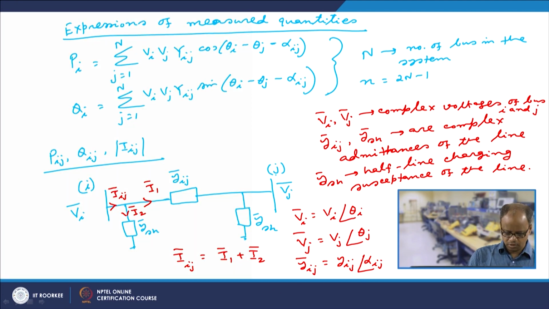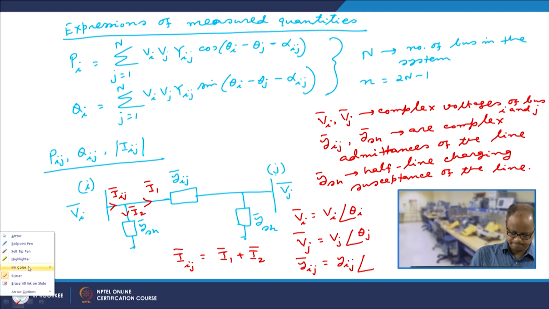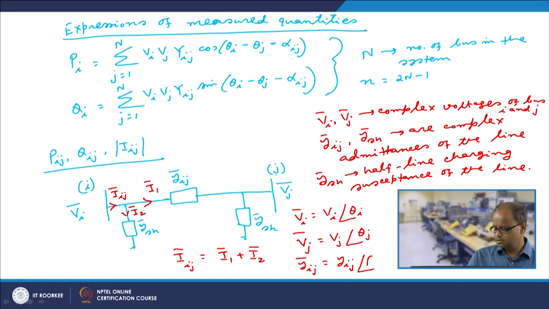We should not write alpha because we are already utilizing alpha, so something else we should write: beta ij. We should write beta ij, and let's say y shunt is equal to y shunt angle gamma shunt.